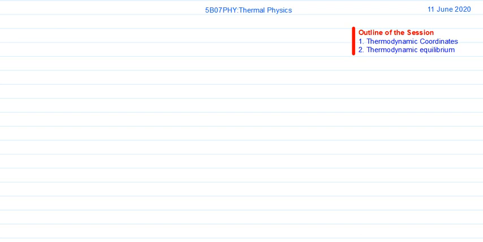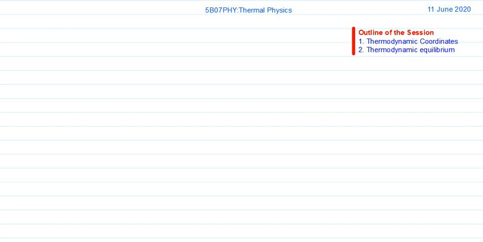You know, in mechanics, in order to specify the state of a system, we are using parameters like position, momentum, energy, etc. The state of a system represents the totality of macroscopic properties associated with a system.